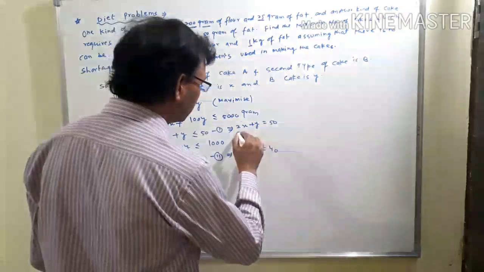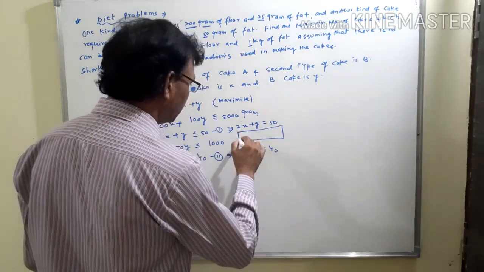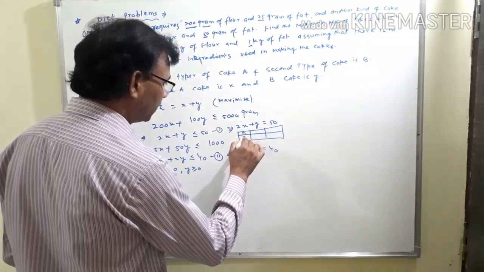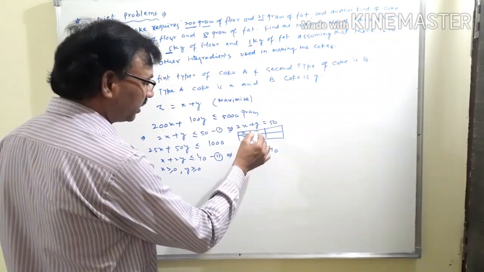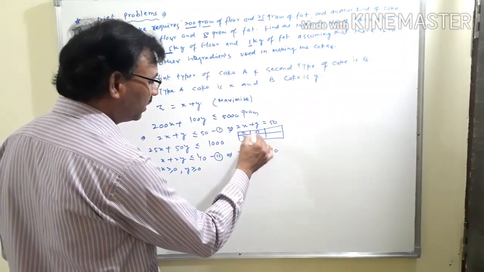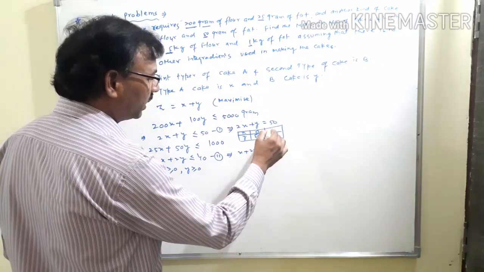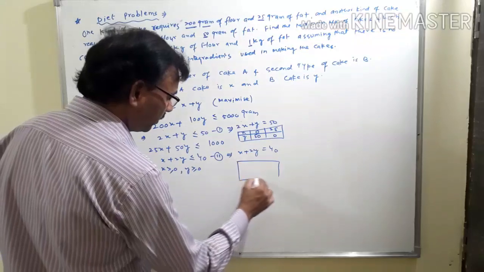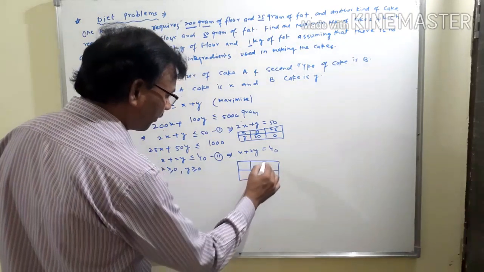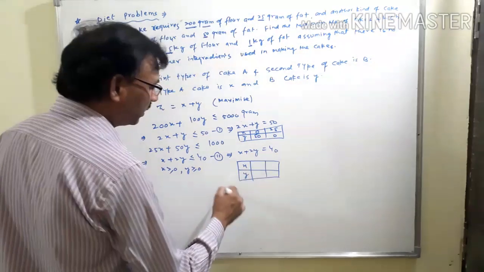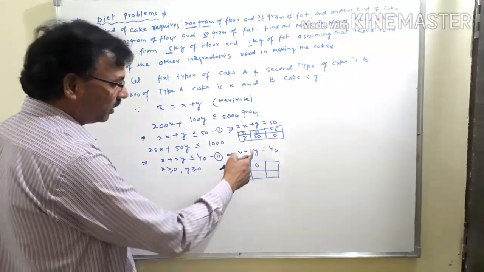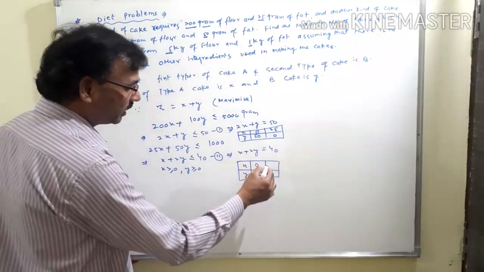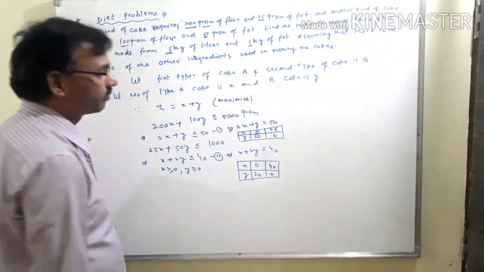Now take points on the first equation. This is the x and this is the y. If we take x equal to 0, then y equals 50, and y equal to 0, then x equals 25. From the second, we take points x and y. If x equals 0, then y equals 20, and y equals 0, then x equals 40.